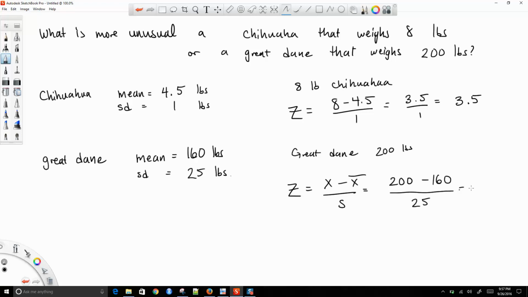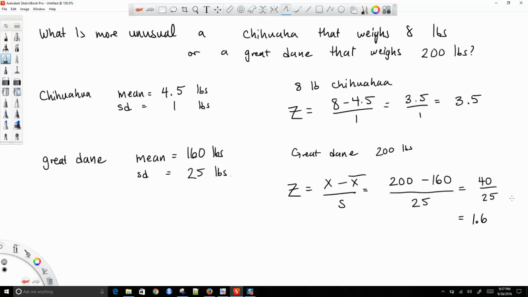So I'm going to have 40 in the numerator, 25 in the denominator. 40 divided by 25 is 1.6.